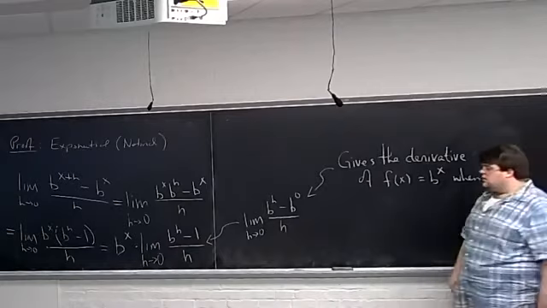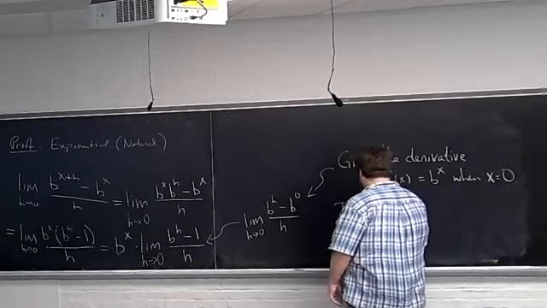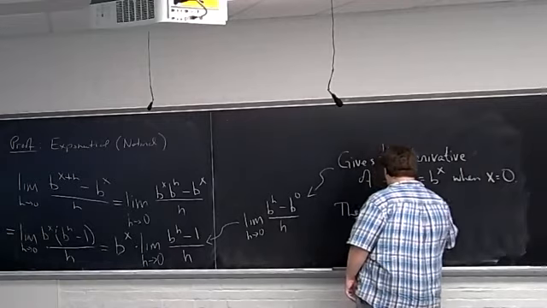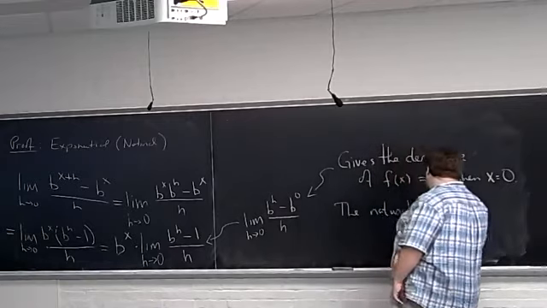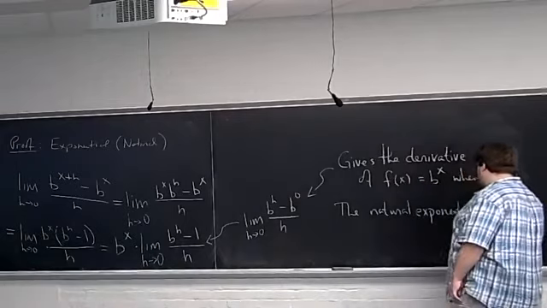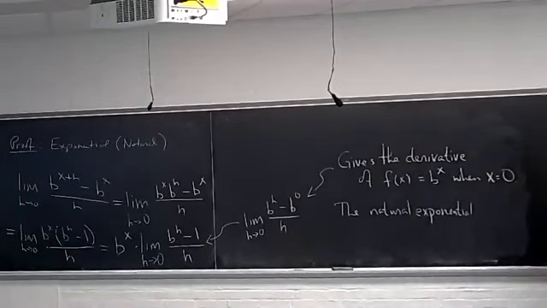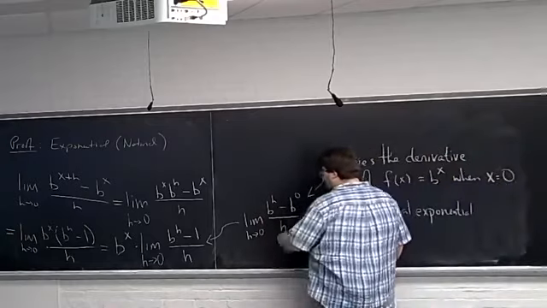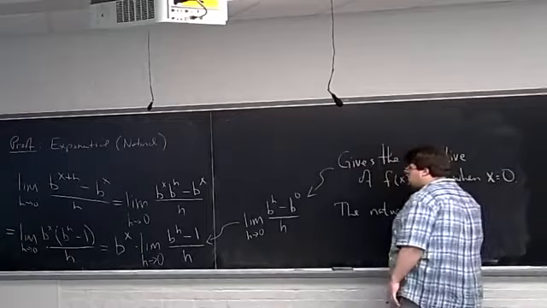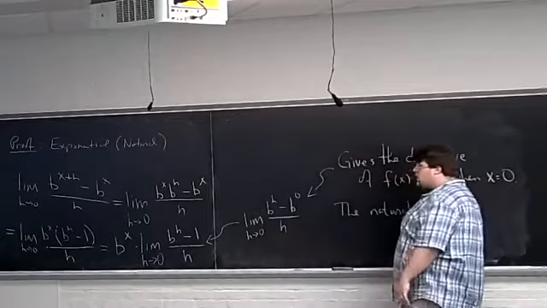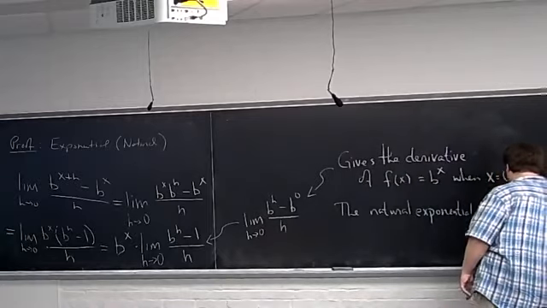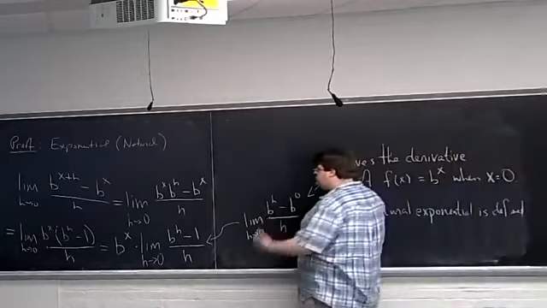And the reason that the natural exponential has derivative itself is because by definition there is an exponential for which this slope of the tangent line equals 1. So the natural exponential is defined to be that exponential.